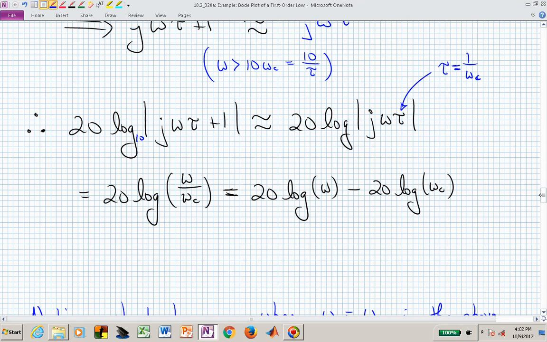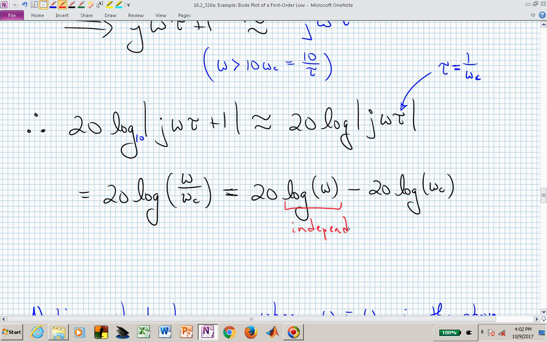Using this characteristic of logarithms, we can now take the difference of that ratio in logarithmic terms. We now have 20 log of the numerator. Think through what we have. Log of omega is really, in the Bode plot, our independent variable. That's what we're plotting everything with respect to.